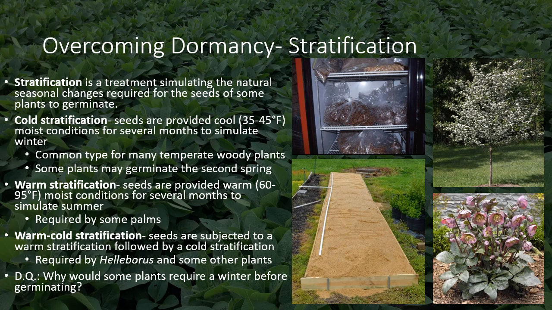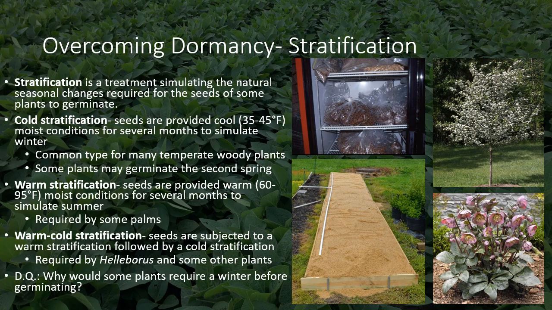This is the white flowered tree in the top right hand corner. They have seeds which ripen in the fall or winter. But if you plant them immediately, even in a greenhouse, they will not germinate. So they require a treatment or a simulated winter first before they'll be willing to germinate for you.